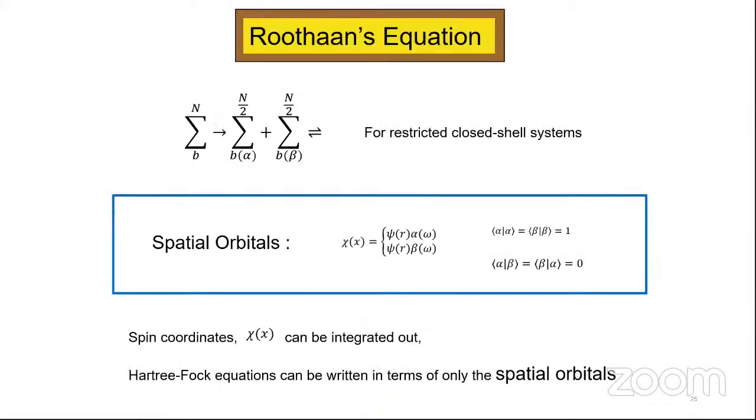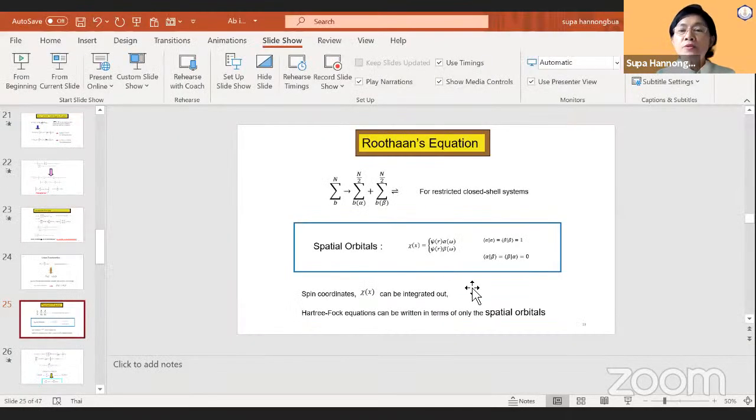Okay. From the Hartree-Fock equation, there are so many criteria concerning how to explain the system, okay? And also one keyword that I would like to introduce to you is the Roothaan equation.